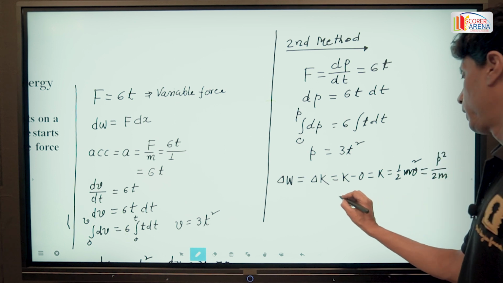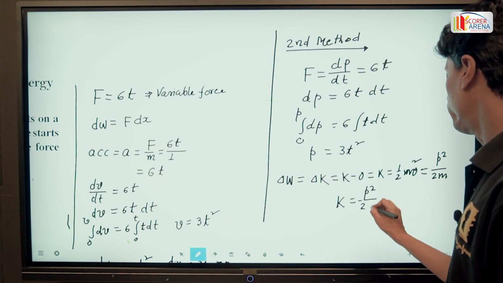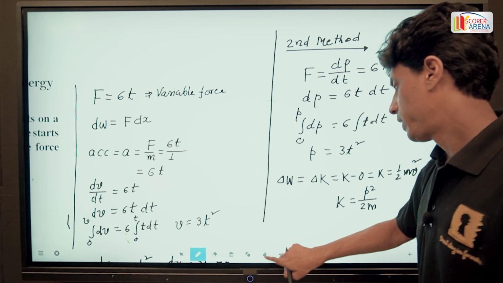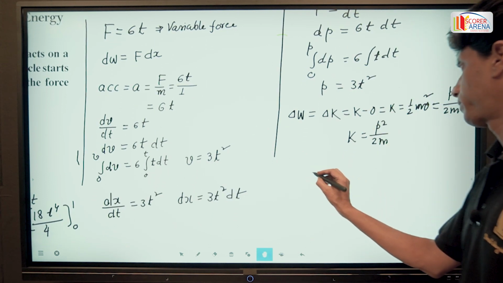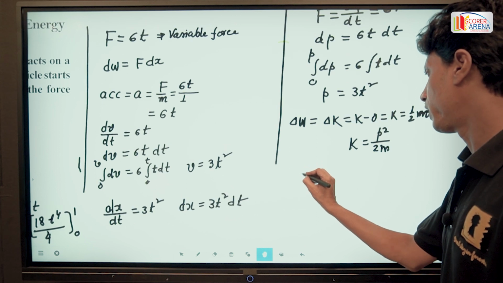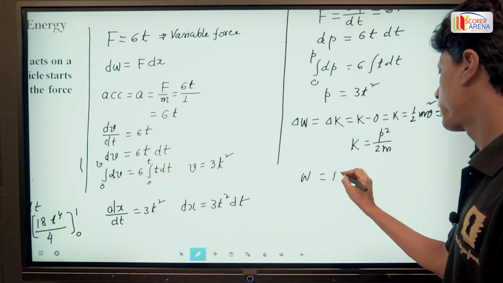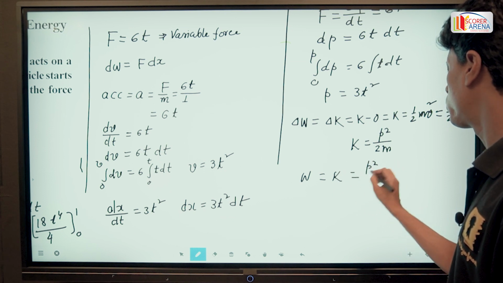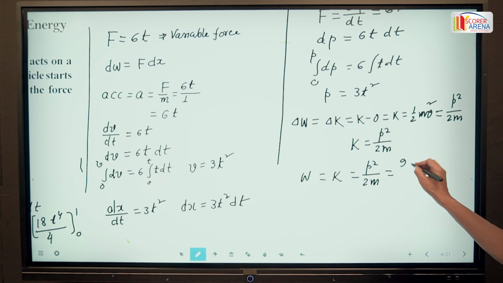So the relation is K is equal to p squared by 2m. Putting here the value of momentum, we can find the work done in this process. Work done is K, that is p squared by 2m, and the value of p is 3t squared, so 9t to the power 4 by 2m.